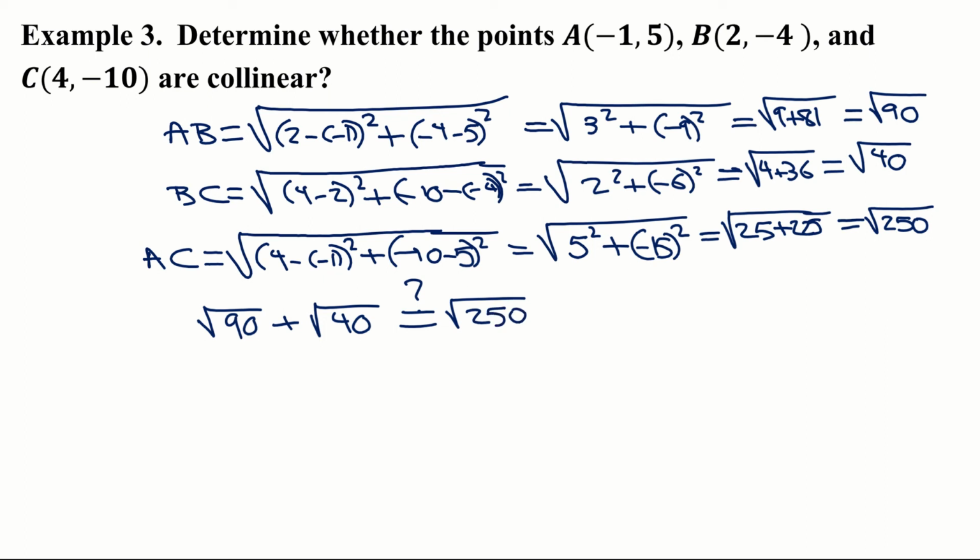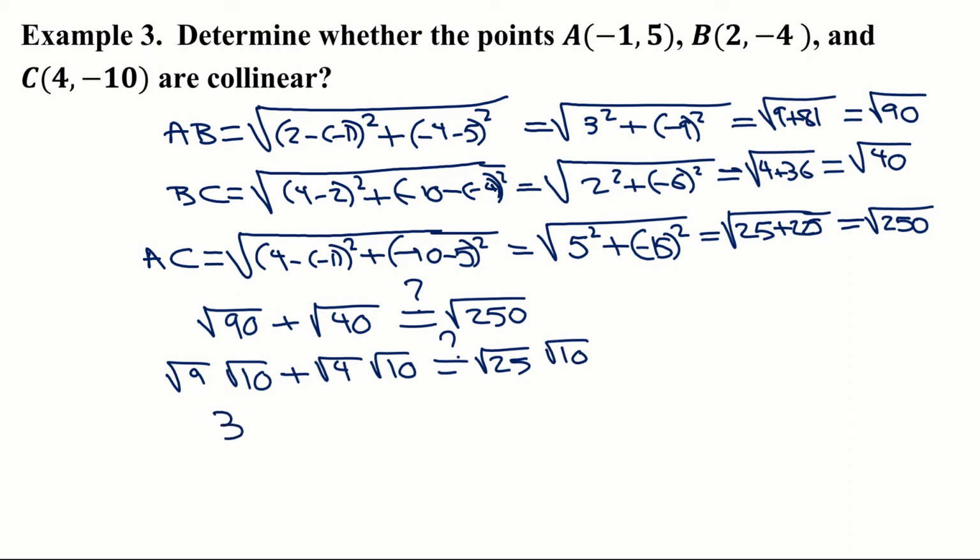Now, we could verify these in different ways, but these are kind of nice numbers in the sense that they can be quickly simplified. Notice this one is the square root of 9 times the square root of 10, and the second one is the square root of 4 times the square root of 10. And on the right side, we have the square root of 25 times the square root of 10.